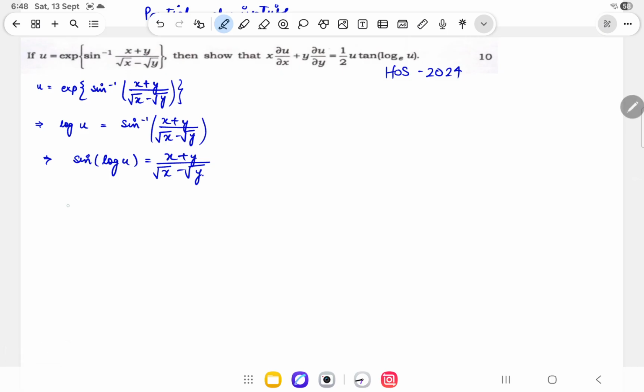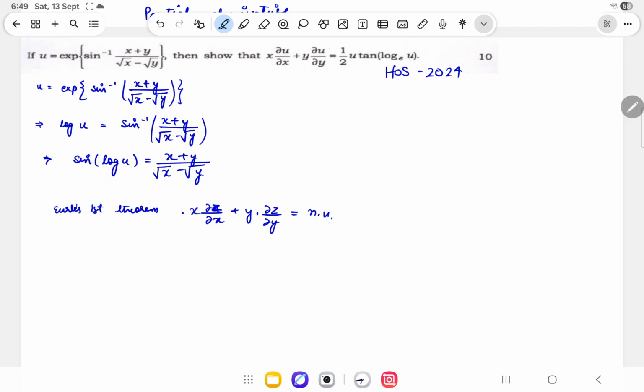Euler's first theorem says that x into del z by del x plus y into del z by del y is equal to n z.